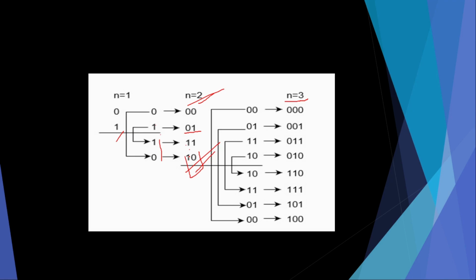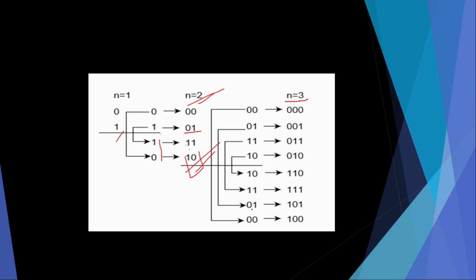And take this column and reverse it: 1, 1, 0, 0. Then this is the already generated code and this is the newly generated code by reversing these digits. So for the original code you need to add 0 in front.